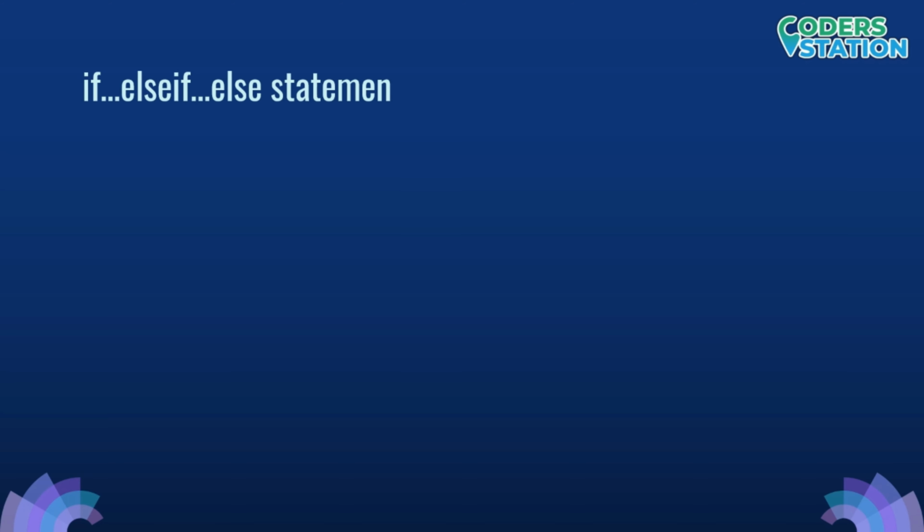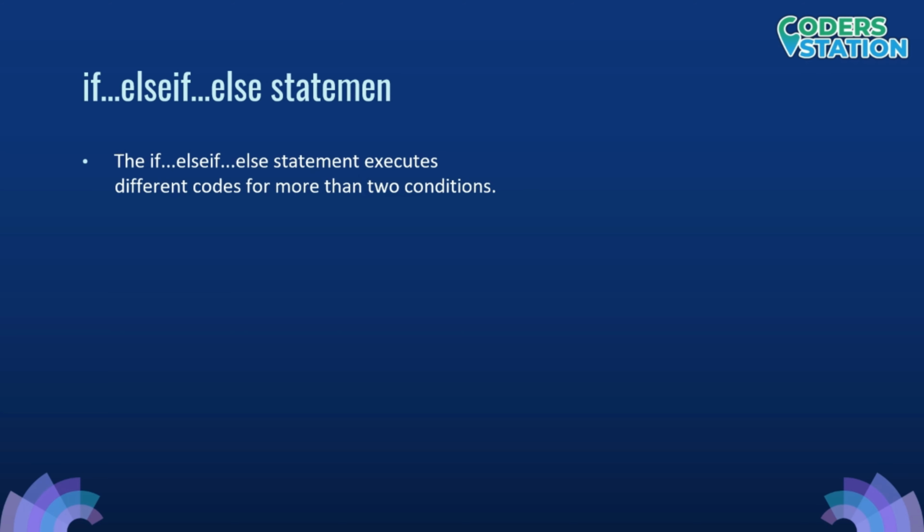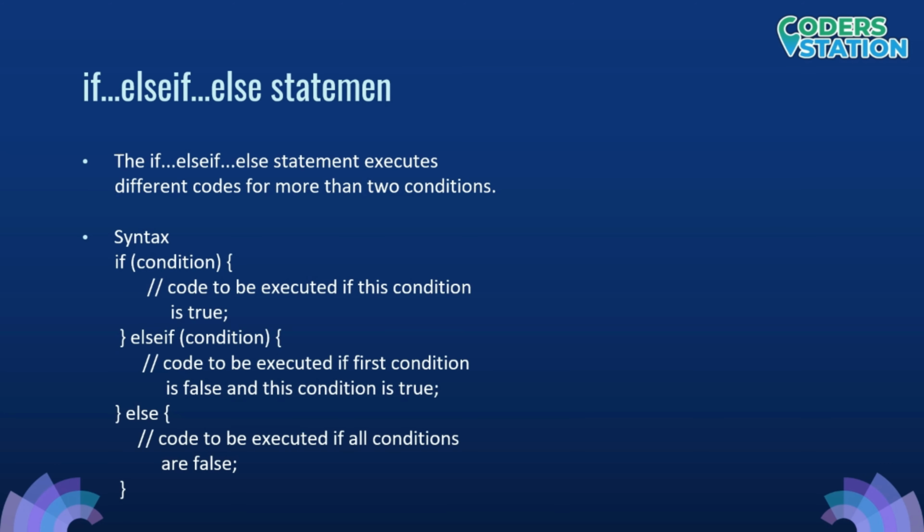As we know, the if statement can also be used in conjunction with else and else if statements to create more complex control structures. Like the if statement executes different code for more than 2 conditions. Earlier we had only the if condition, then we had an if and else condition, and now we have multiple if else conditions. So the syntax: if condition, then the code to be executed.